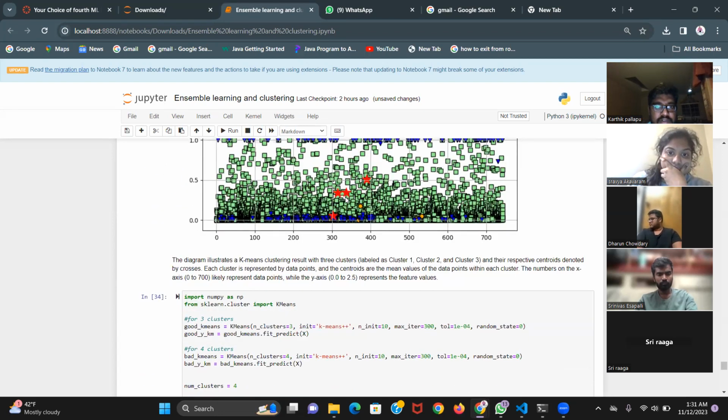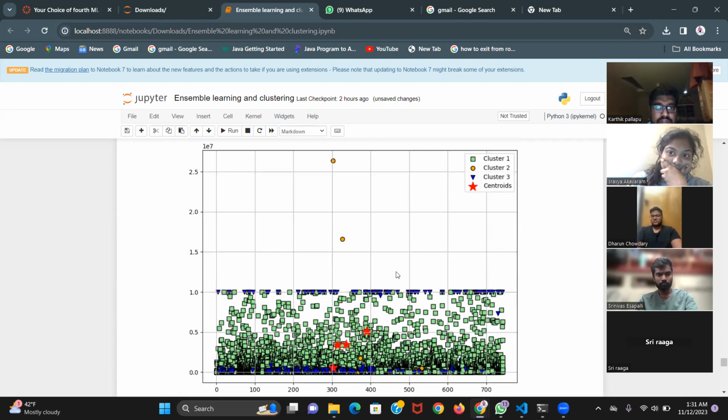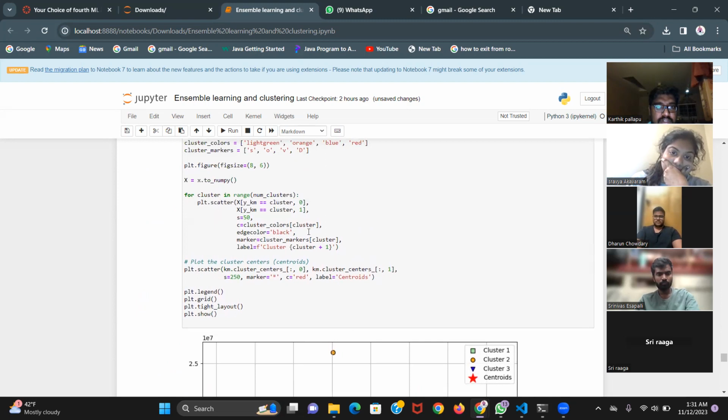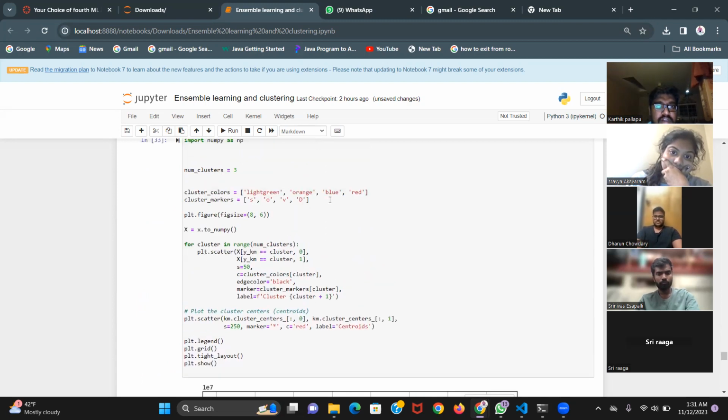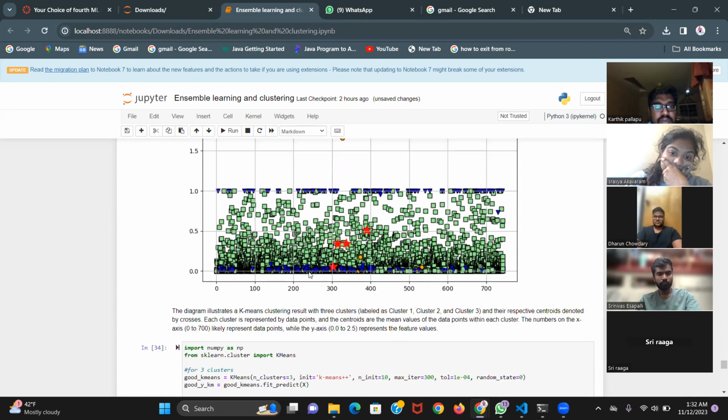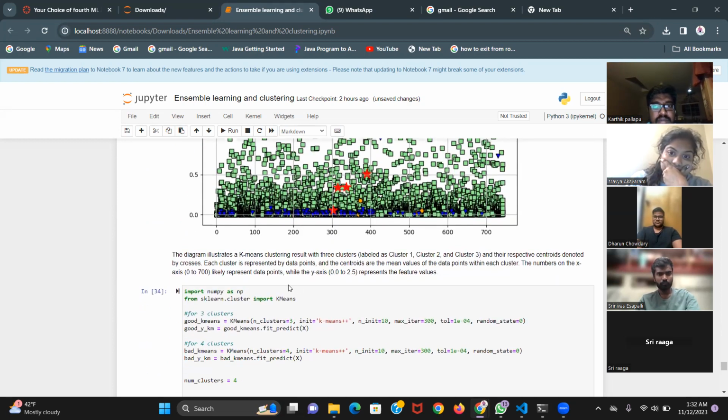Here the centroids are different. And we are collecting a couple of clusters here, like light green, orange, blue. We're using the centroids here and finding the best result, labeled cluster one, cluster two, cluster three, where each cluster represents its centroid as the main value.